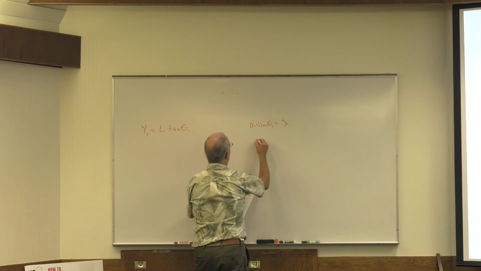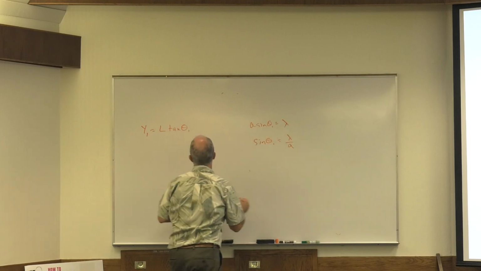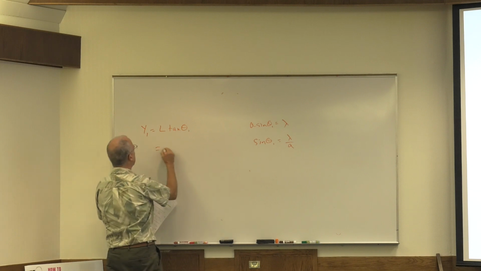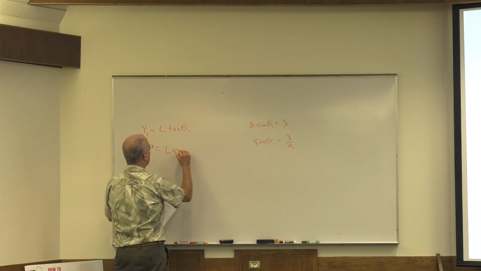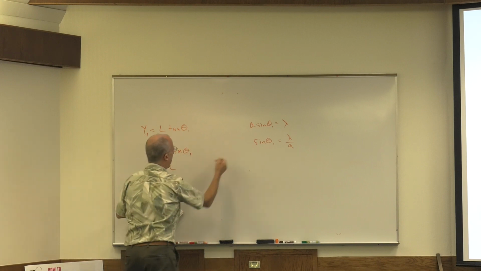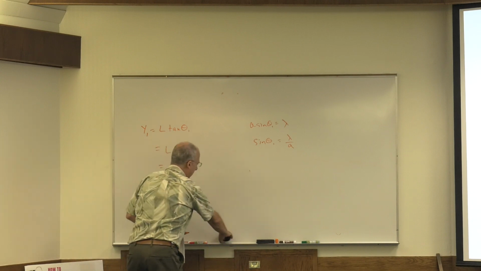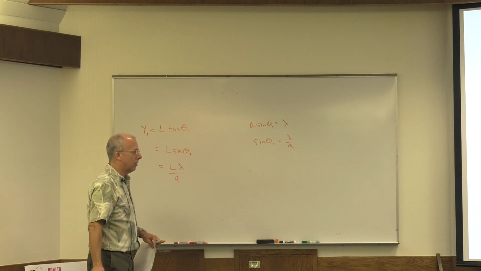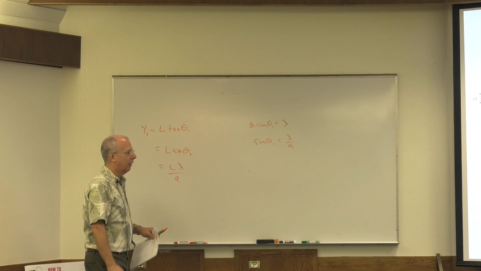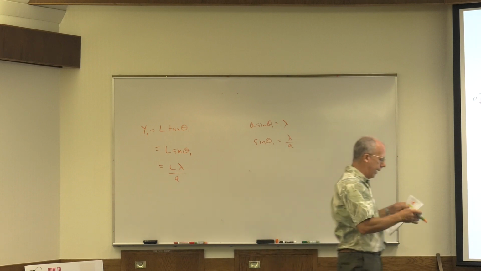And so therefore, sine theta 1 equals lambda over A. Small angle approximation, this is L sine theta 1. So sine theta 1 is that, multiply it, we get L lambda over A. Yay! So you should be able to be really good at doing those kinds of calculations, right? So Y1 is L lambda over A.